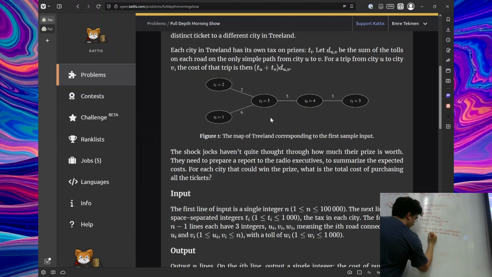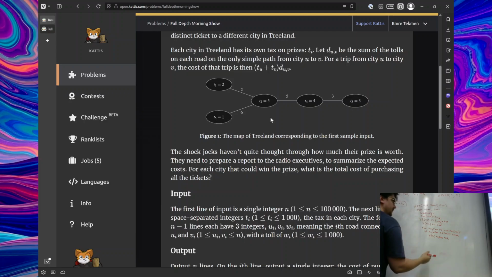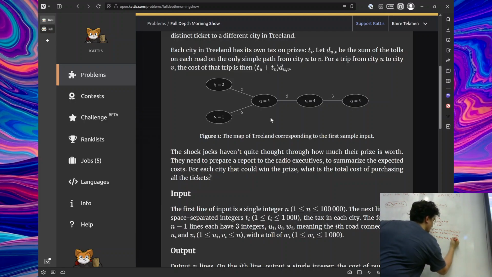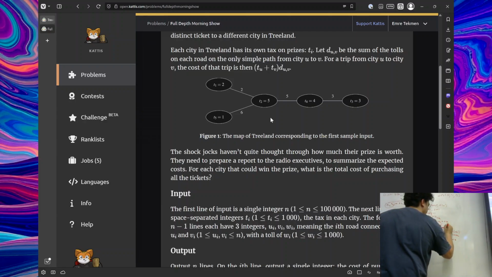recurse with the neighbor, with the node as its parent. And then we're going to take the current distance plus the weight, because this is a weighted tree, so every edge is going to have a weight to it as well.